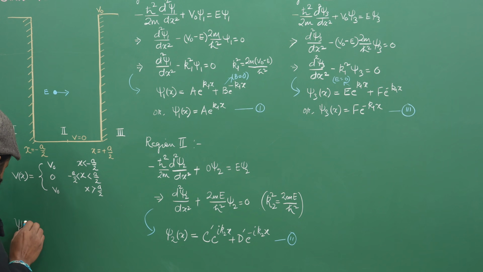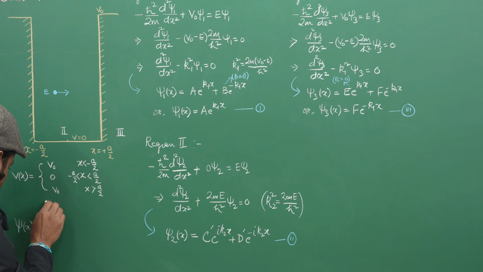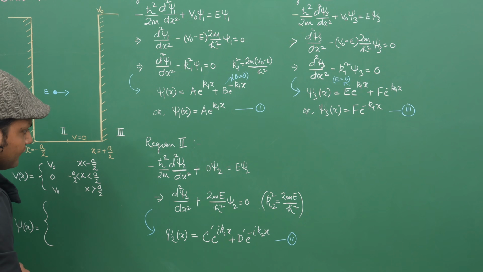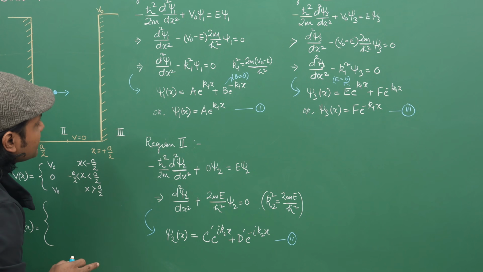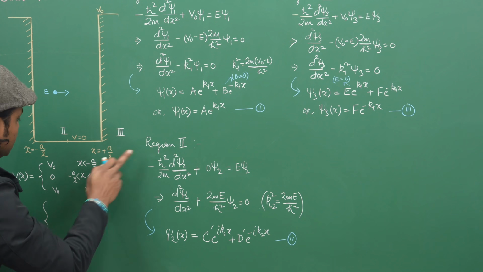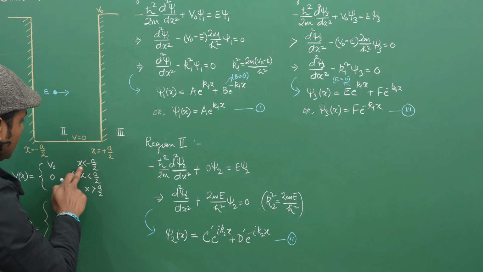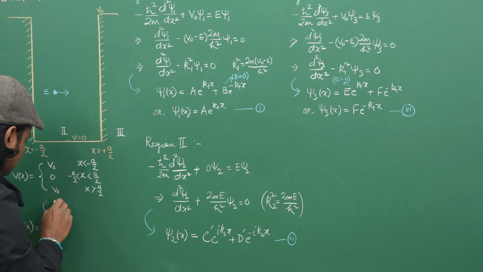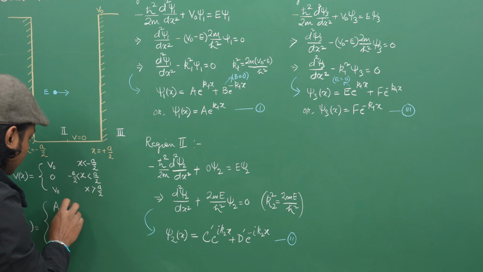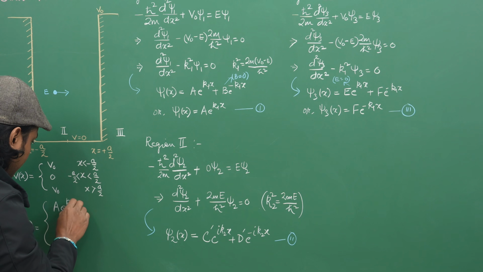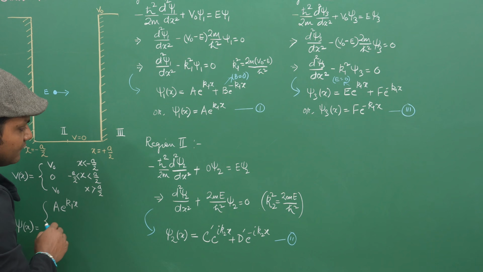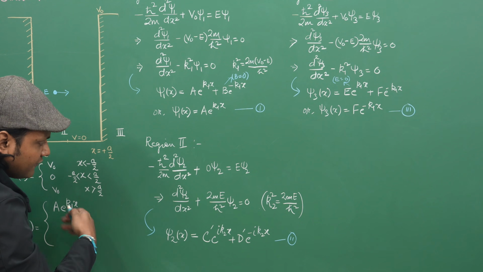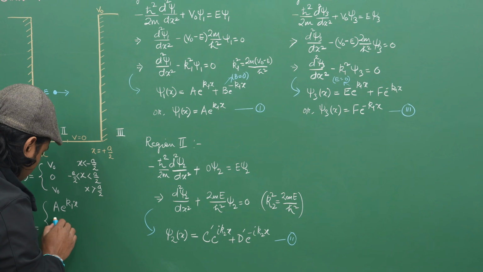let's say this is psi x. If I first look at the even eigenfunction solutions, so for even in region A, x less than minus a by 2, of course it is capital A e to the power k1x, and for region 2 we will have an even eigenfunction solution.